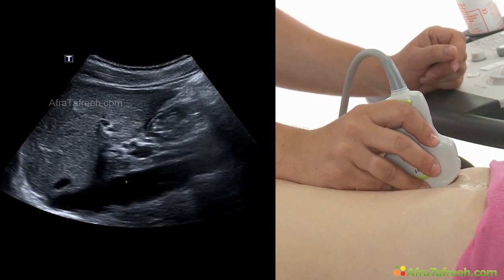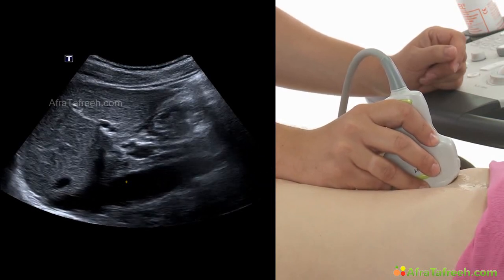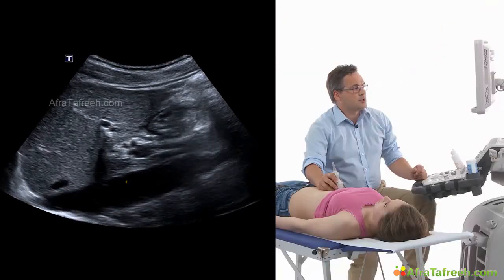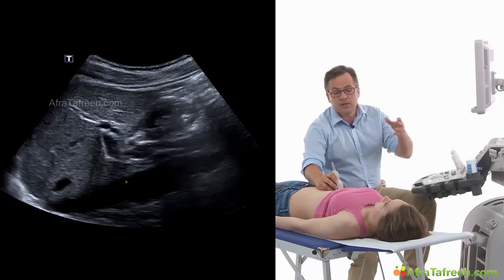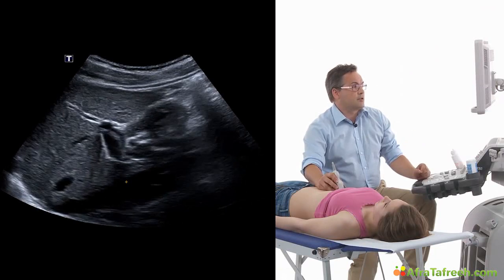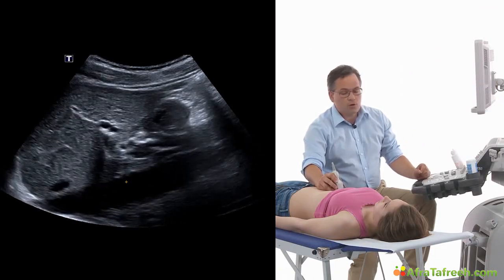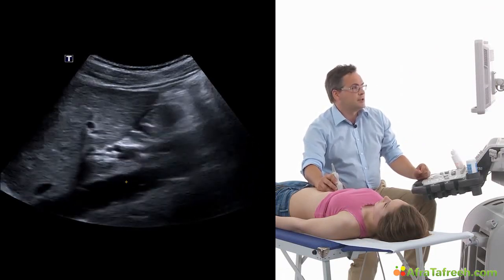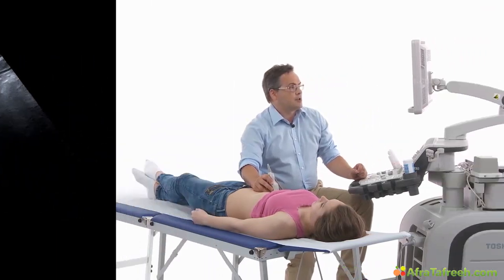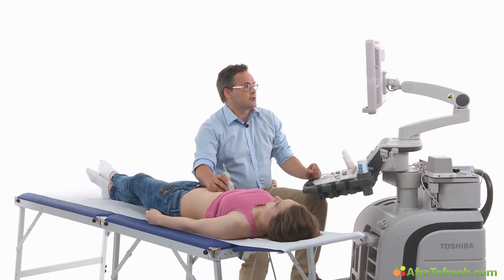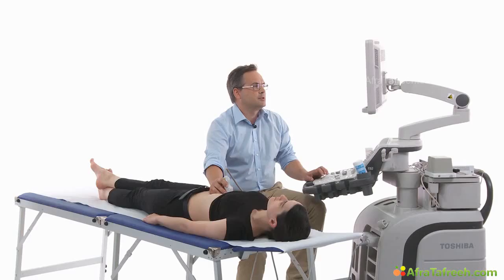We can see while the patient stops breathing, the diameter of the IVC increases due to the increased pressure in the thorax. Now go on breathing normally. And the diameter decreases when the patient goes on breathing.